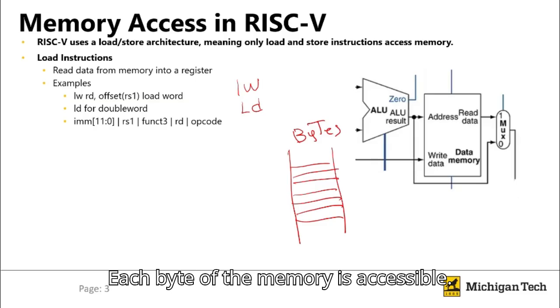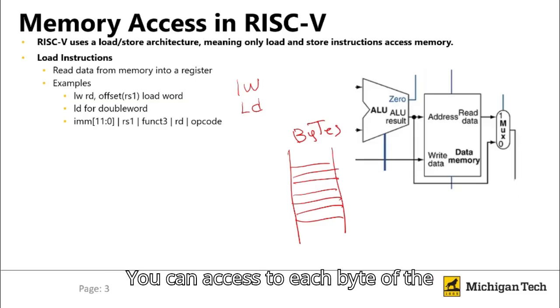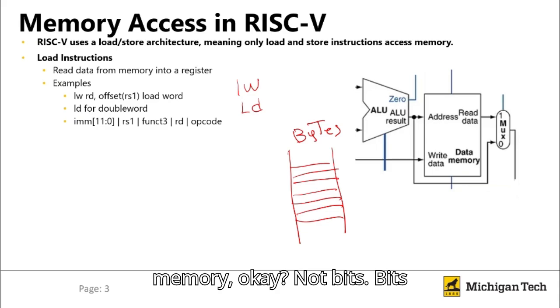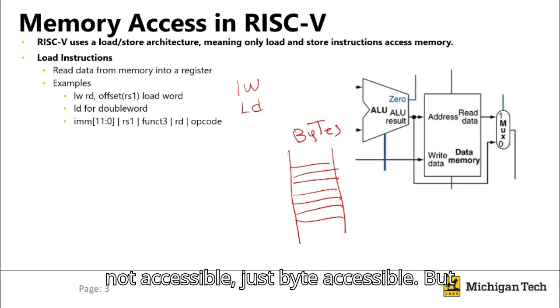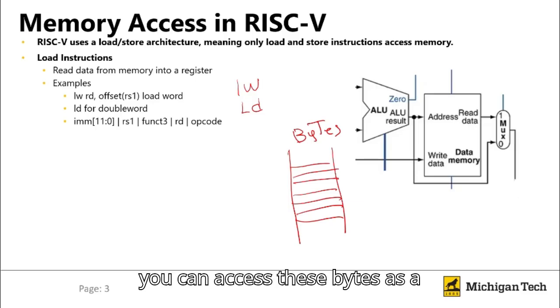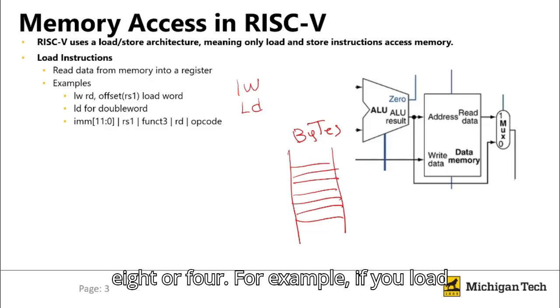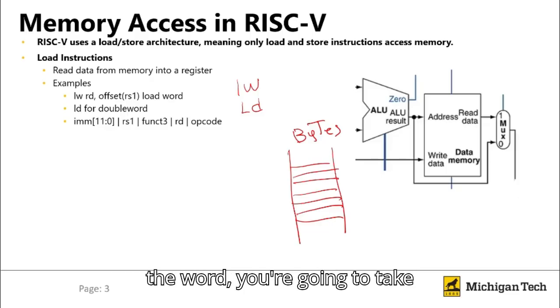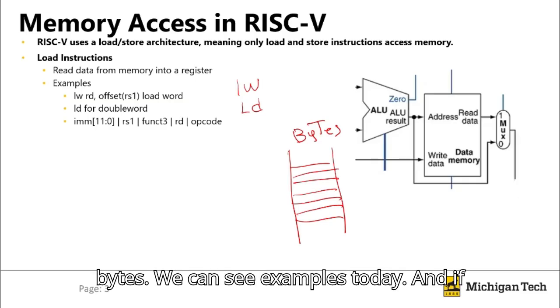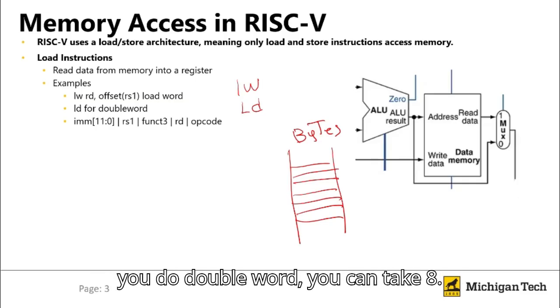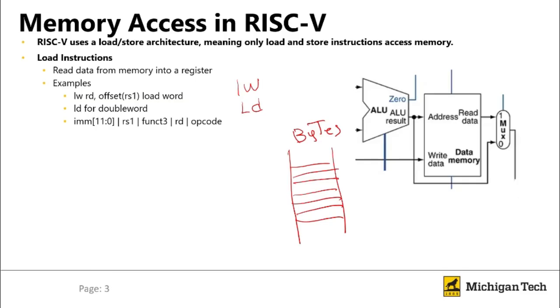Each byte of the memory is accessible. Not bits, bits are not accessible, just bytes. But you can access these bytes as a bucket of 8 or 4. For example, if you load a word, each word is 4 bytes, so you take 4 bytes. We can see examples today. And if you do double word, you can take 8.